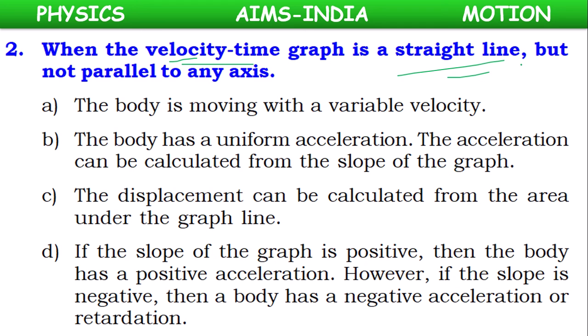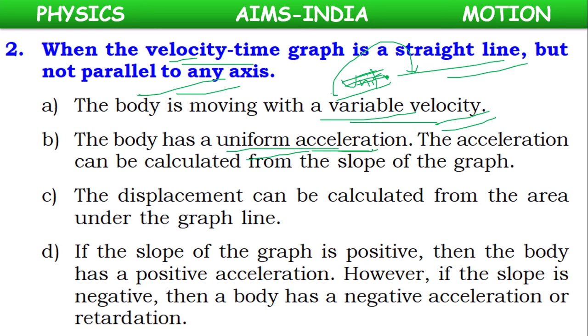When it is a straight line but not parallel to any axis, the body is moving with variable velocity, changing velocity, but it is uniform. But that change happens in a systematic manner. So we can call it as uniform acceleration.